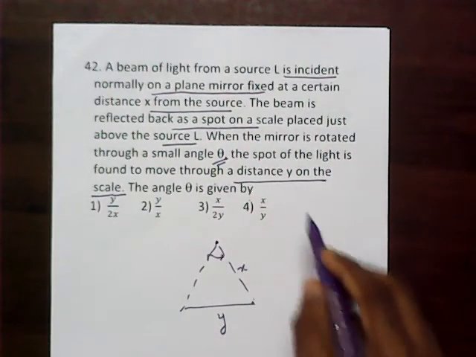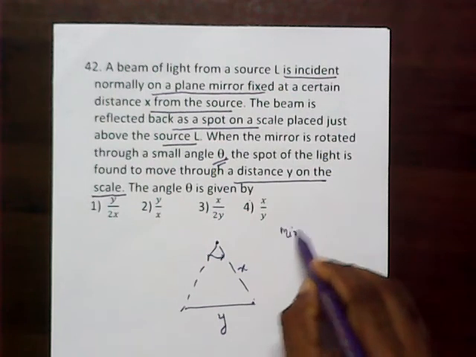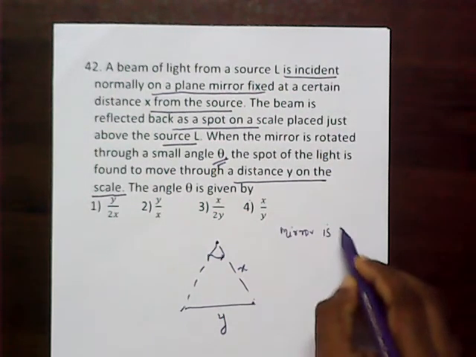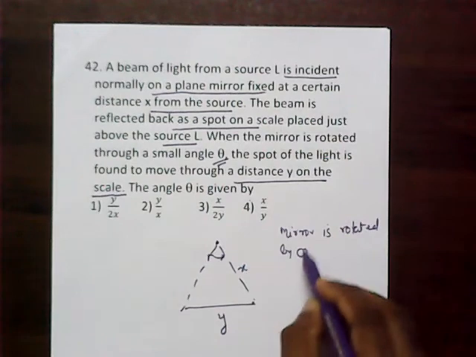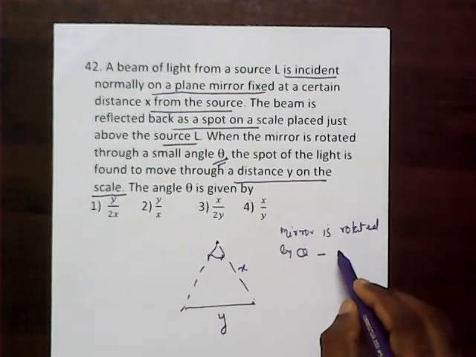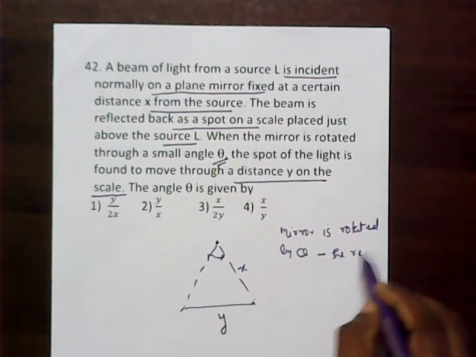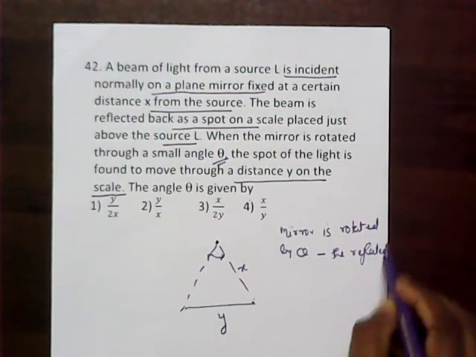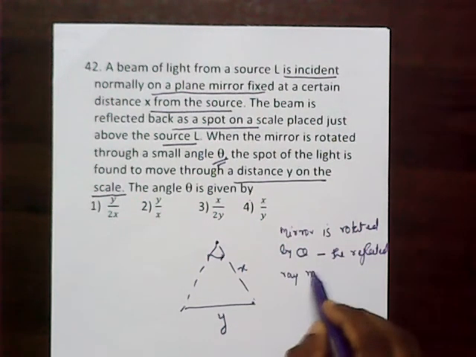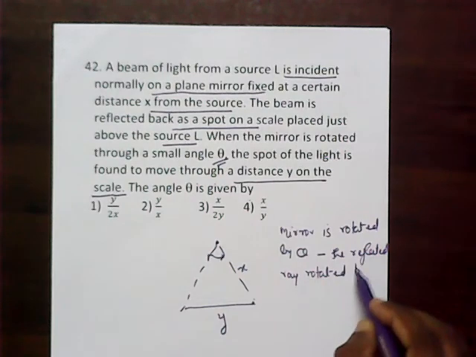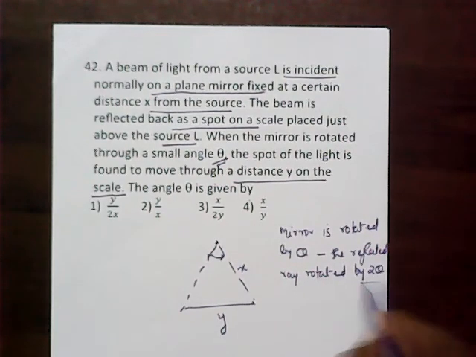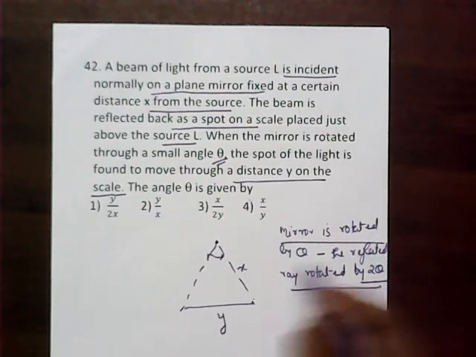When the mirror is rotated by theta, the reflected ray rotated through 2 theta. It is a very important concept.